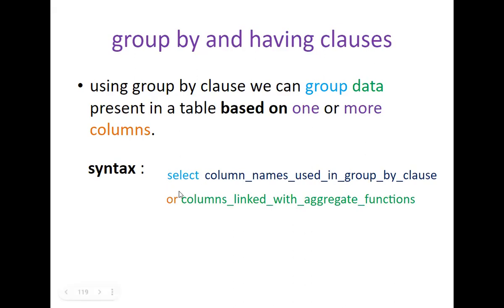So select: in the select list, it should be the column names used in the group by clause or the columns linked with the aggregate function. After that, select list, then from table name. After from table name, if you have any where condition, you can use that. Otherwise, group by column 1, column 2, etc. We are grouping the data based on one or more columns. Based on which column you want to group the data, that column name you have to write after the group by clause.